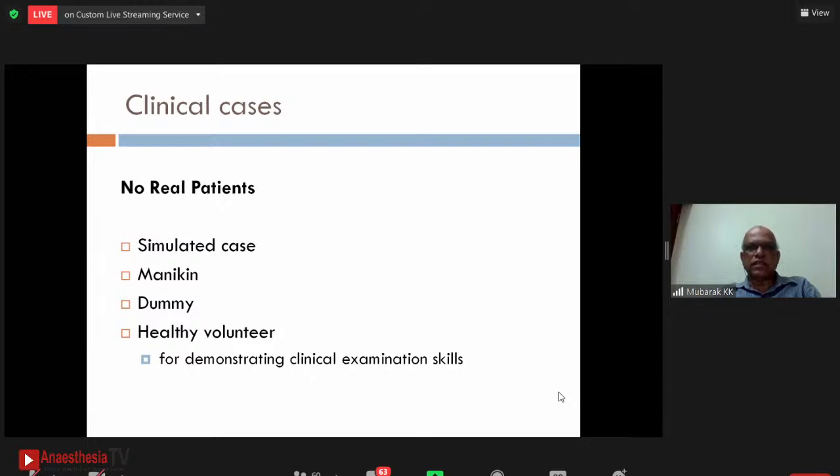It depends upon the centers and the examiners, but there is no need to examine the patient or to have close interaction with the patient, because those are not real patients, and the aim is to have your clinical examination skills and your knowledge assessed by the examiner.